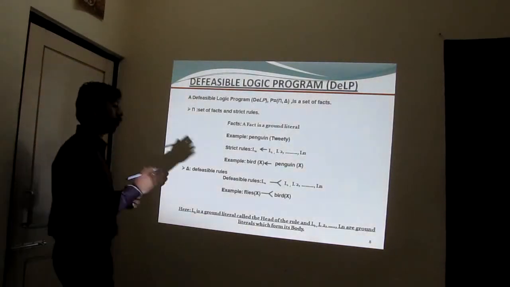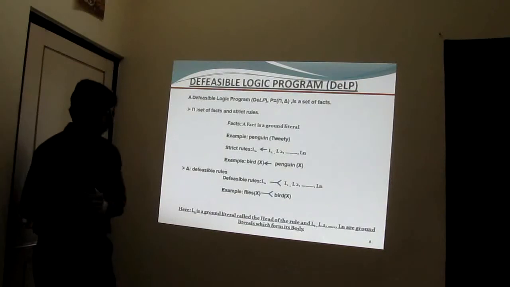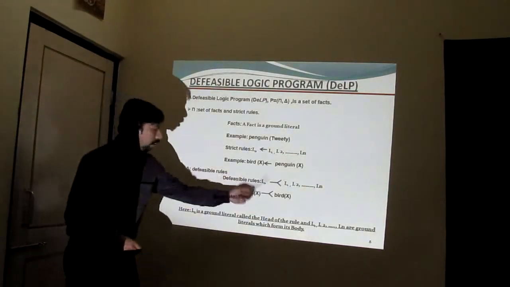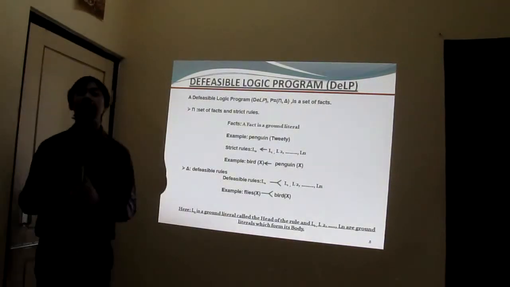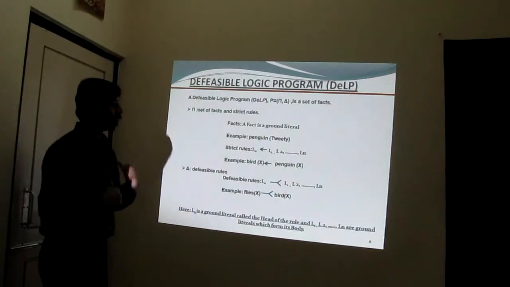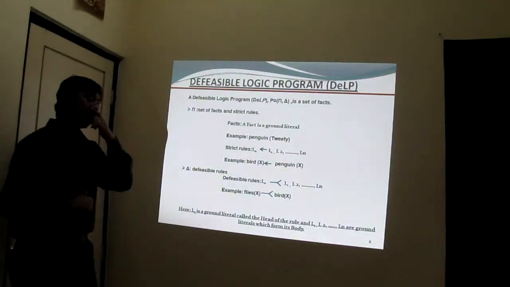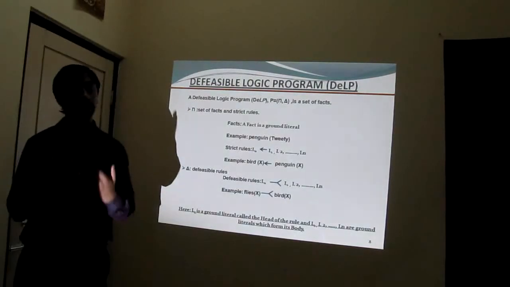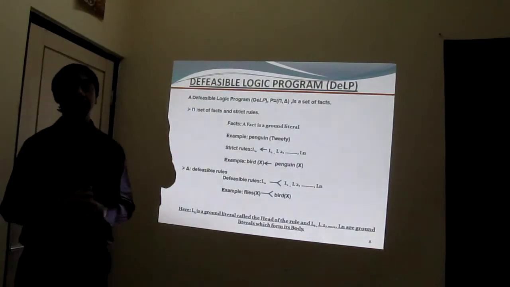Now delta, which represents the defeasible rules, uses a special symbol. This is used to represent a defeasible rule or weak rule. For example, we have a statement that birds usually fly. So this is a defeasible or weak statement which can be defeated.